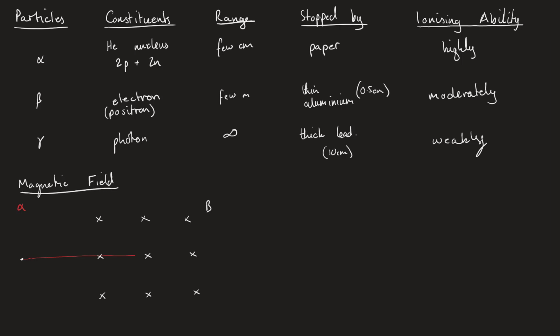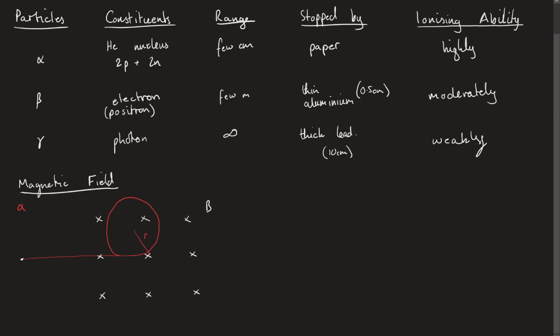Since we know that these alpha particles are positively charged and they're entering this uniform magnetic field, they're going to feel a force. You can use your Fleming's left-hand rule here to prove that when it feels that force, it will undergo a circular motion with this kind of radius here.